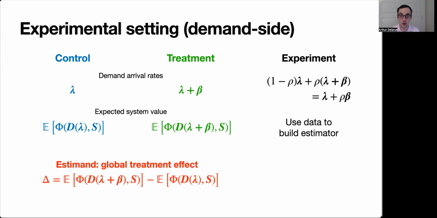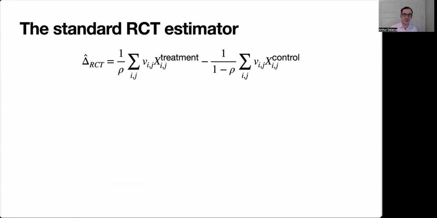As a result, we observe a hybrid state, which we'll call the experimental state, where the arrival rate of demand is (1 minus rho) times lambda plus rho times (lambda plus beta), so lambda plus rho times beta. We're going to use data from solving this experimental state to build an estimator. So what is the standard estimator? So far, this is a normal setup. What's the standard way to solve this estimation problem?